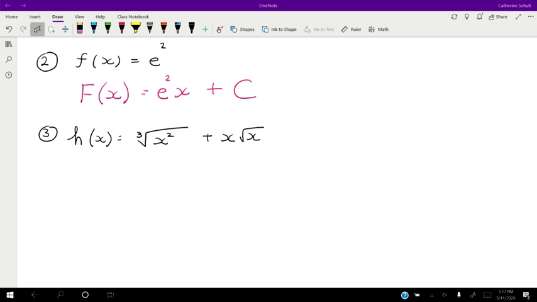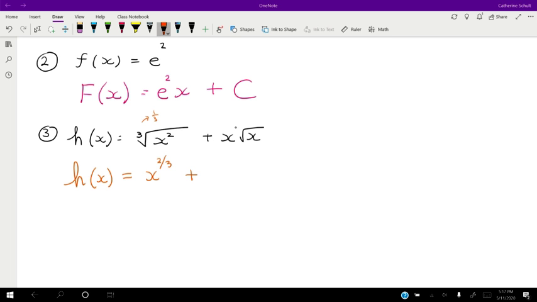Okay, and then for part 3, before I hop to it, I would rewrite it. I would rewrite cubed root of x squared as x to the 2/3, because remember this index is an exponent of 1 over 3. So 2 times 1/3 is 2/3.